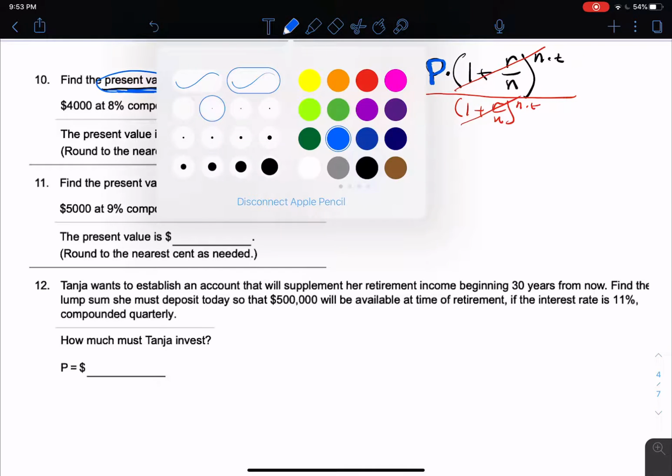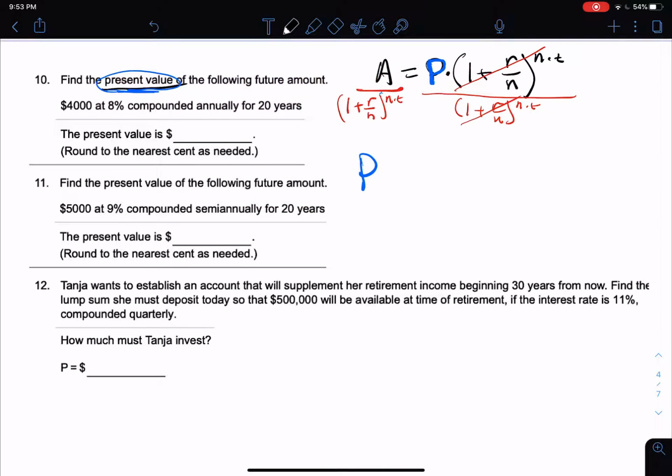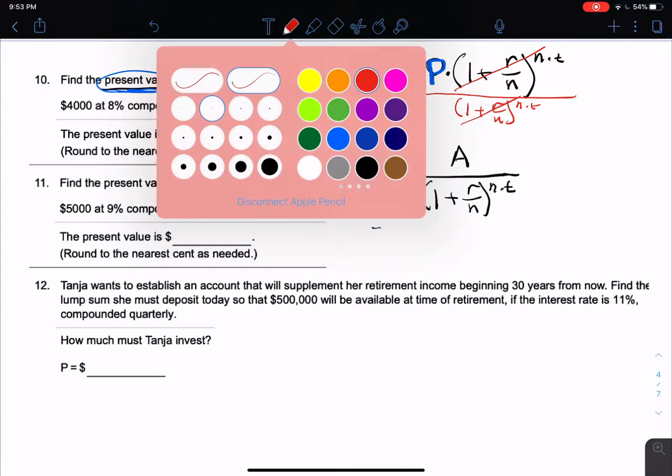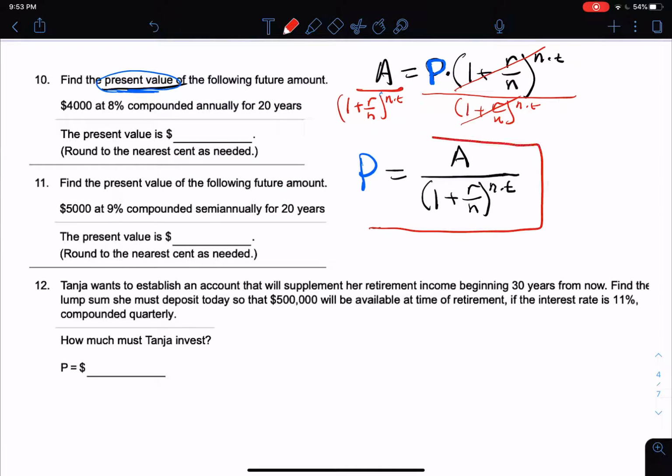So you're not going to put in a value for p, but the rest of it is you're going to put in the future value that you're trying to get to, divided by 1 plus r divided by n raised to the n times t. And that is your formula. I guess I put formulas in red. So this is your present value formula.